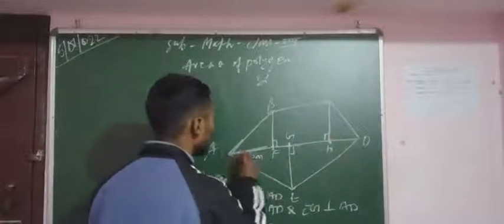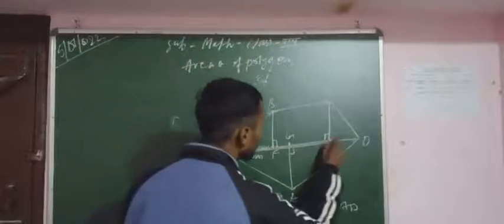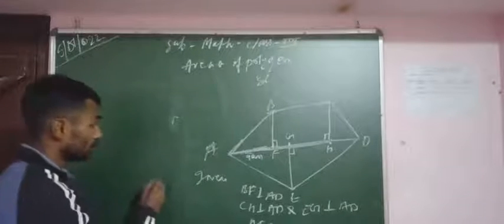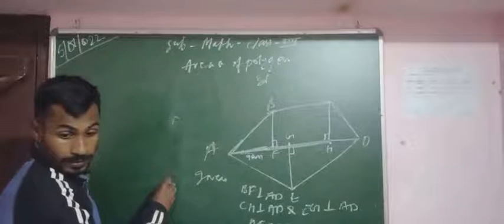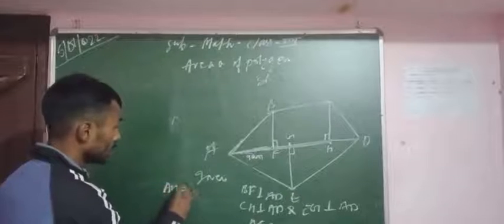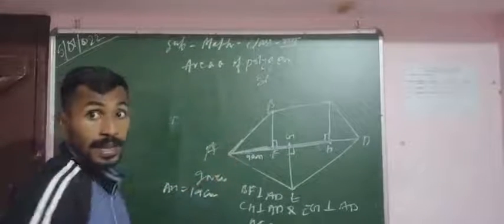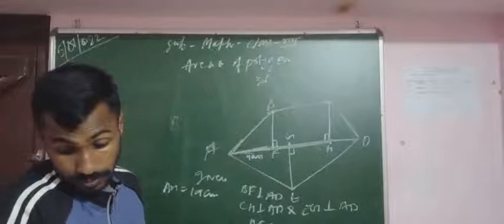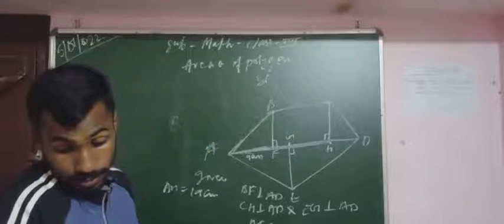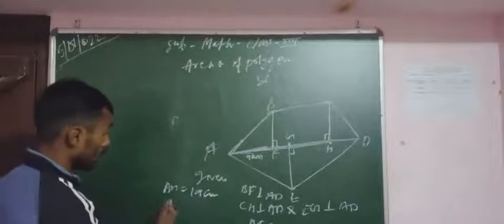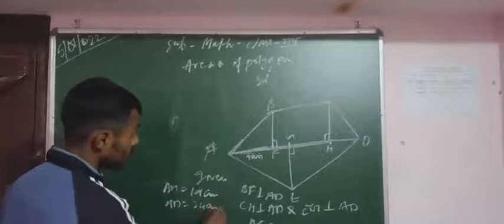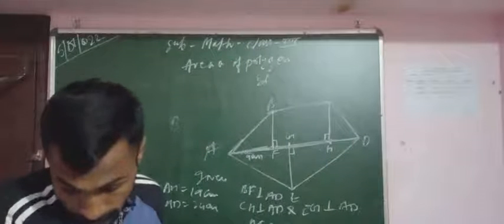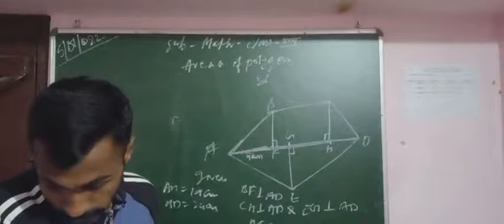That means this length of the pentagon is AH equals 19 centimeters, and AD equals 24 centimeters. That means the whole length is 24 centimeters.